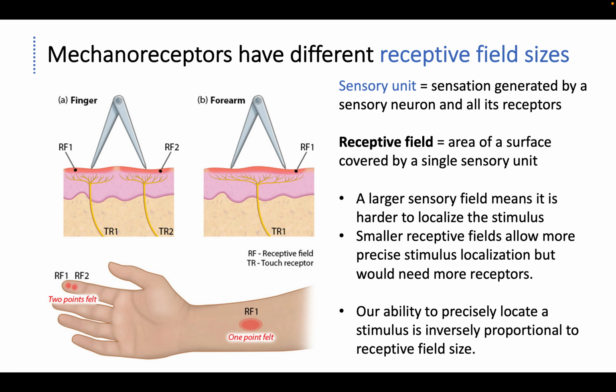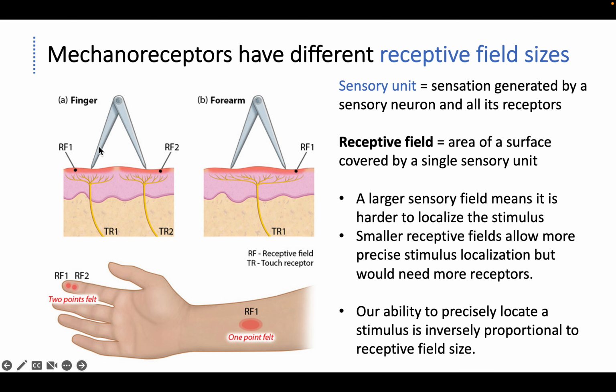However, if you have smaller sensory units, so you have a smaller receptive field, and you have the same thing happen, you have 2 points come down and touch your skin. If both of those points are stimulating receptors of a different sensory unit within a different receptive field, then you're more than likely going to perceive that as 2 different points, right?